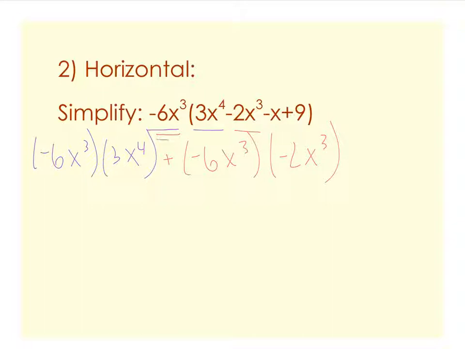Change colors again, and I see negative 6x cubed times negative x, so I'll add to that negative 6x cubed times negative x. And last but not least, change colors again, take negative 6x cubed times 9.